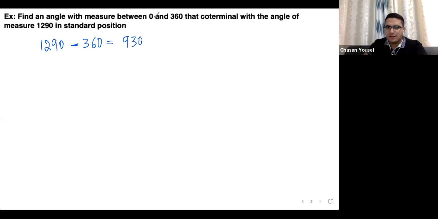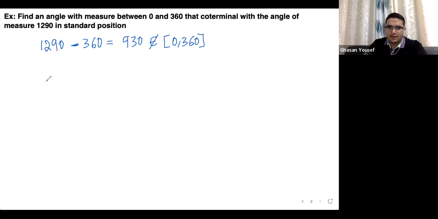Is 930 between 0 and 360? Is this angle between 0 and 360? No. So this does not belong to the angles between 0 and 360, so this is not my answer for this example. Now I'm going to keep subtracting 360 from this angle.